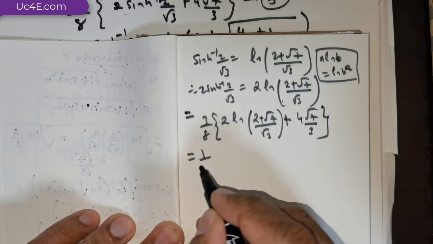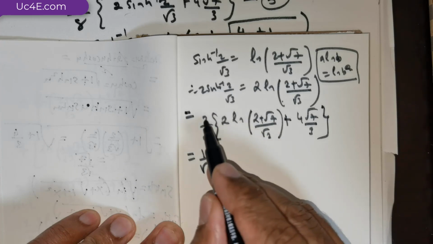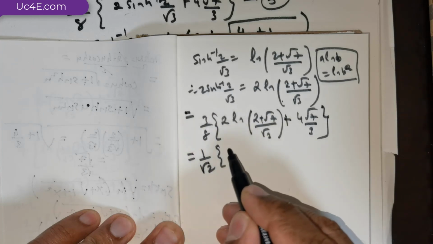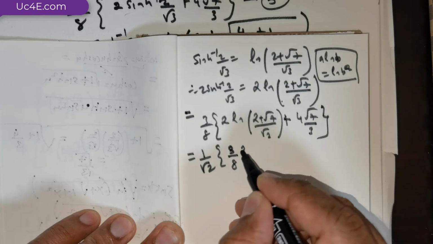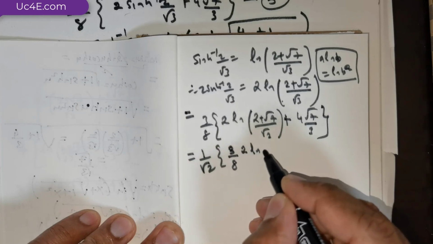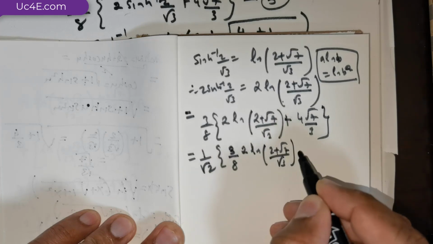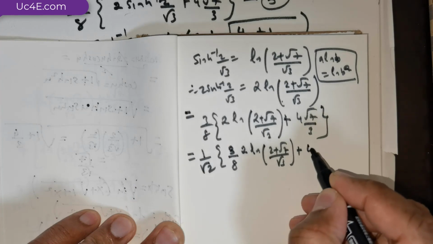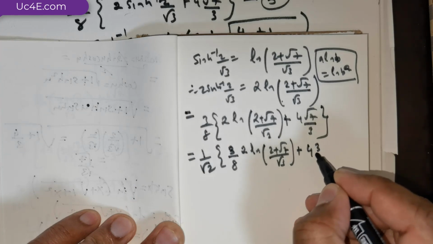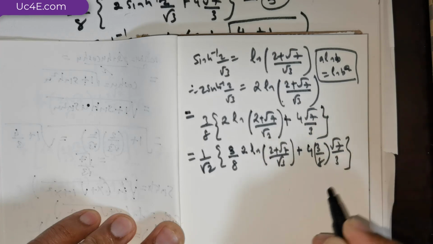So this is going to be 1 over root 2 pre-multiplied with 3 over 8 going inside. You get 3 over 8 times 2 times ln of 2 plus root 7 divided by root of 3 plus 3 over 8 coming inside is going to be 4 times 3 over 8 times root of 7 divided by 3.